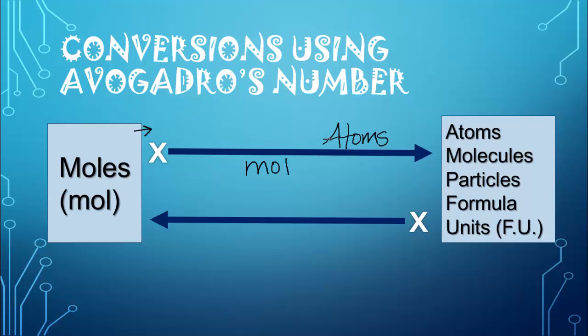Now, in front of atoms, we use Avogadro's number. Do you remember what that number was? Better memorize it. Okay, it is 6.02 times 10 to the 23rd atoms.